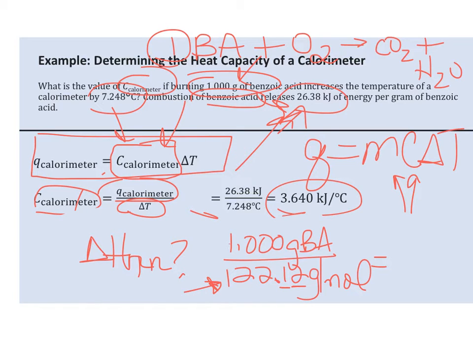Okay, so we have 0.00819. I'm going to round more than I should because I'm out of room. Moles of benzoic acid.